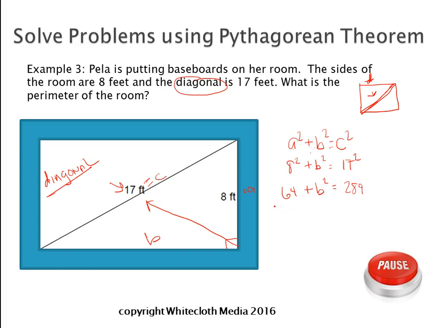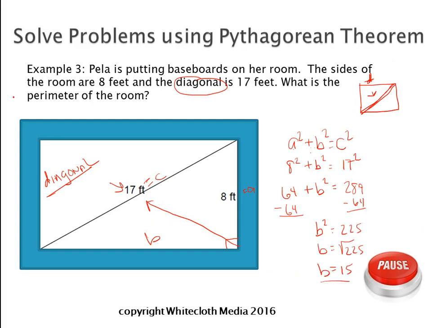And then I subtract 64 from both sides, and that gives me 225. So B is the square root of 225, which if I remember correctly is 15.